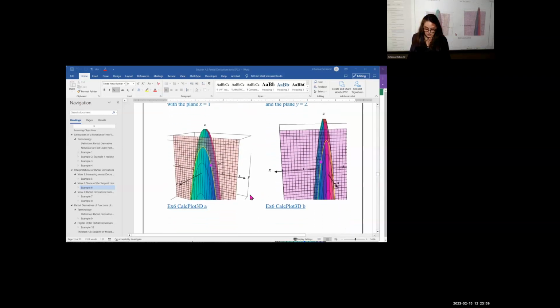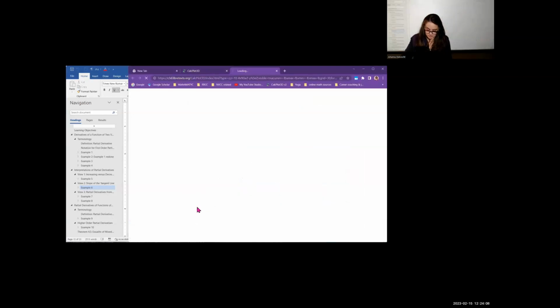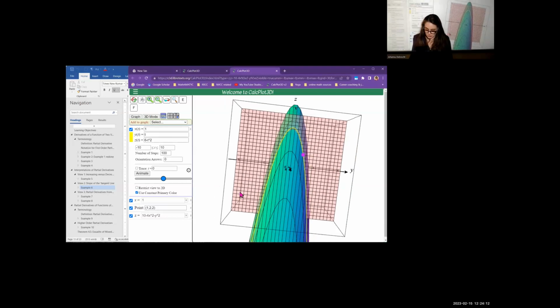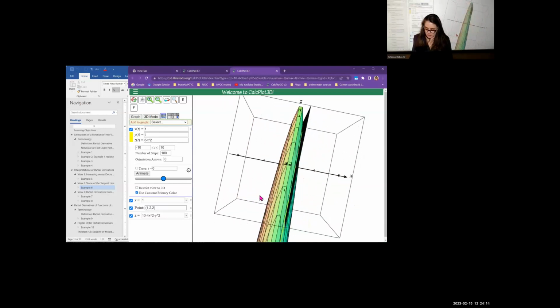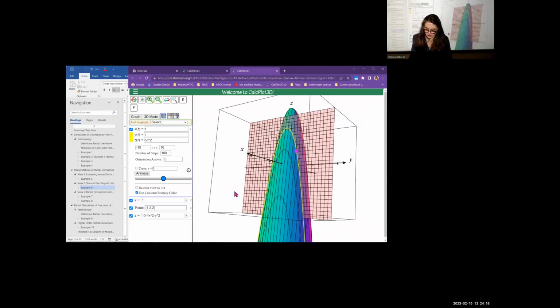So here's what it looks like with those two planes. I'll go ahead and open these up. When you're looking at this one right here, you can see I've already put the trace in there, and I've got the point as well.